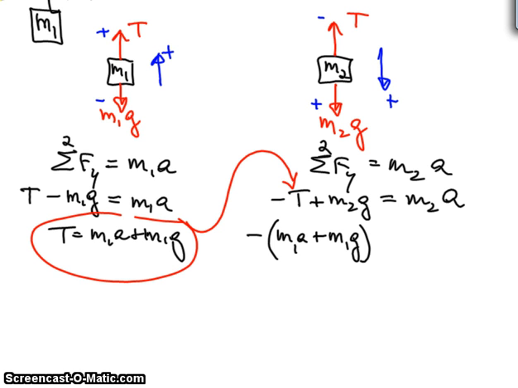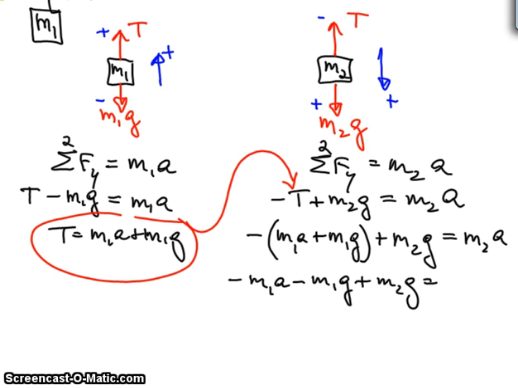It's important to put the parentheses around there to remember that you have to distribute the minus sign. Don't rush, okay? Don't rush to do these because that's when you make mistakes. So we have minus M1A minus M1G, we distribute the minus sign, plus M2G equals M2A.